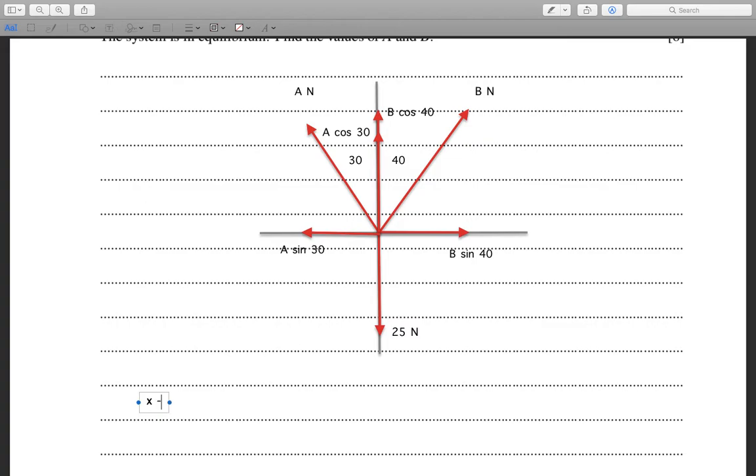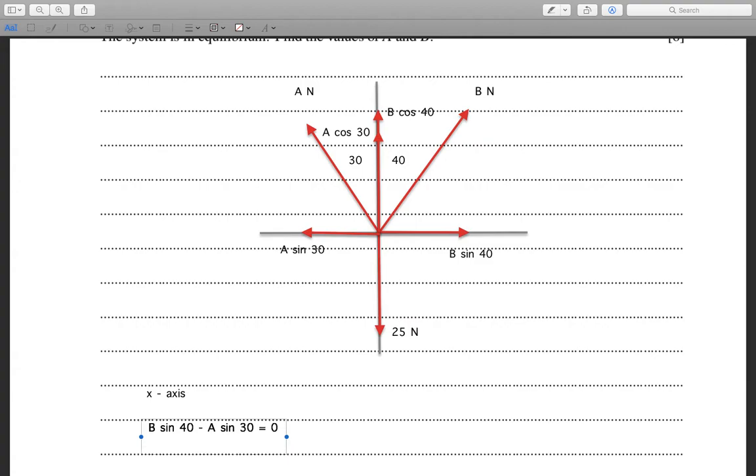Let's say in the x-axis, we have B sine 40 minus A sine 30, and it will become 0.